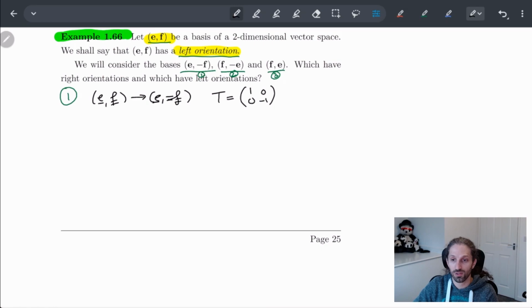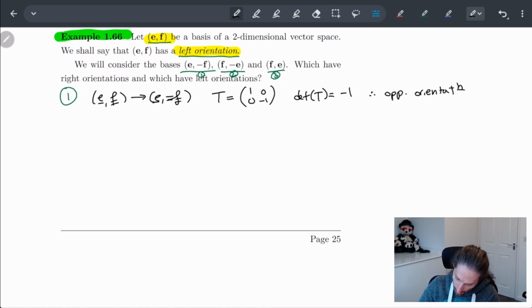So this is our transition matrix, and the determinant of T, in this case, is minus 1. So it has opposite orientation. Therefore, E, minus F has a right orientation, since it's opposite to the left orientation.